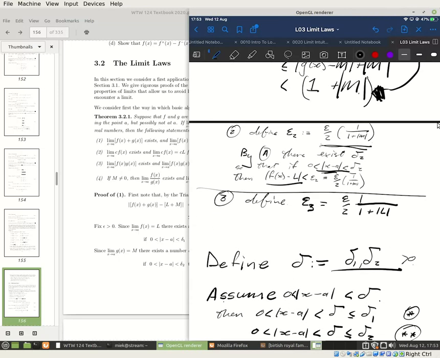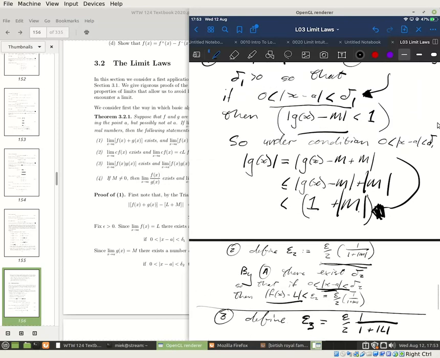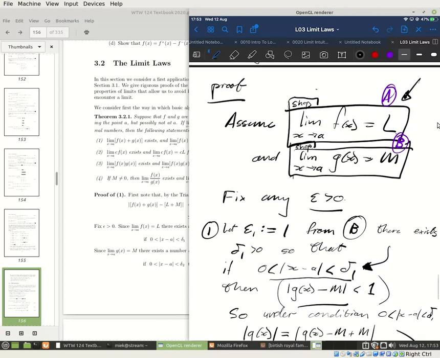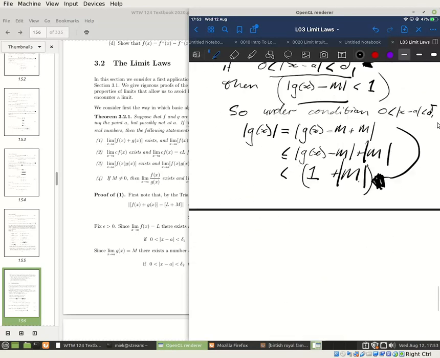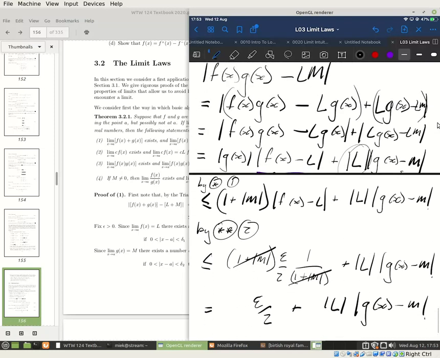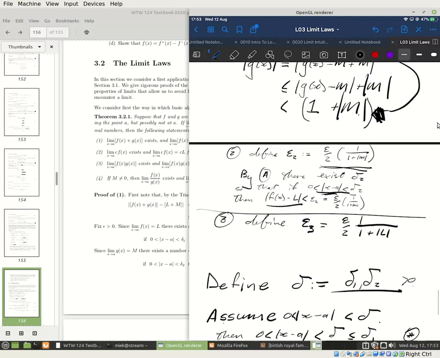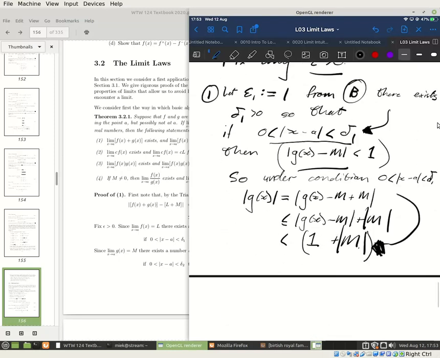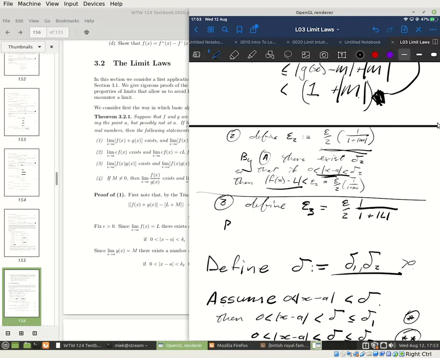Now, at which shop are we going to buy a delta? We're going to buy a delta from shop A, right? No, shop B. This has to do with the g. So from shop B, by B, there exists a delta 3 greater than 0, which works with epsilon 3.